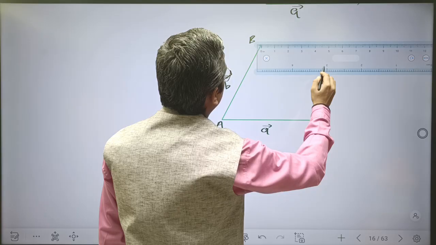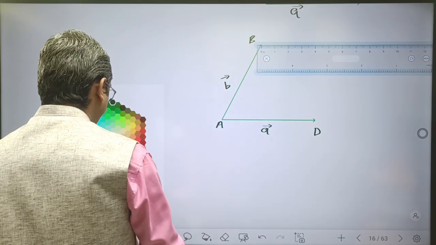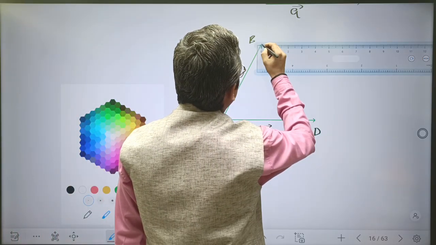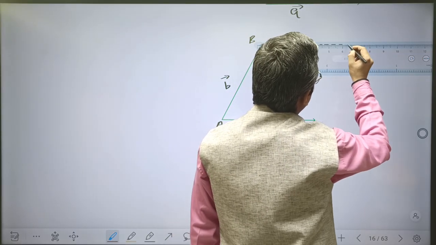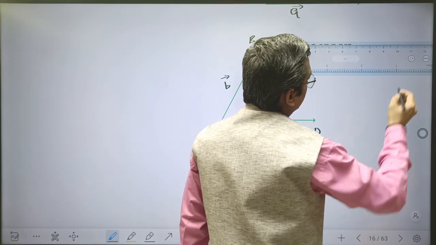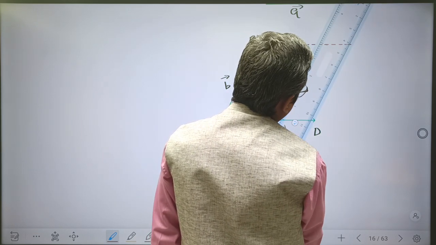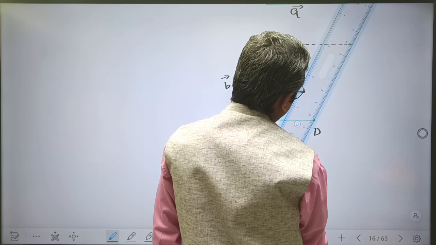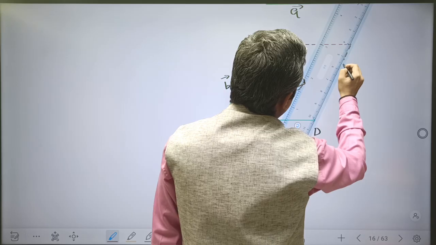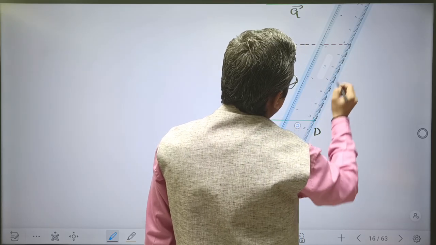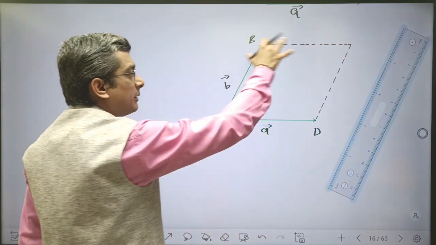Here also we draw a parallel line having the same length, 6.6 centimeters, and then join these two points. So here we have a parallelogram.